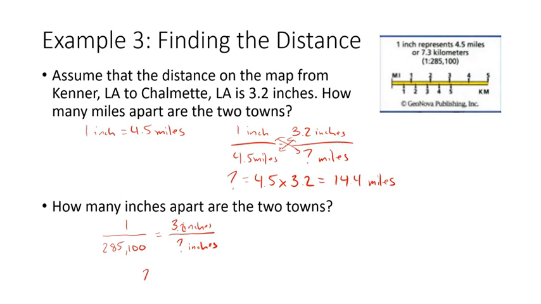And so again, we cross multiply, and we find that 3.2 times 285,100 is 912,320 inches.